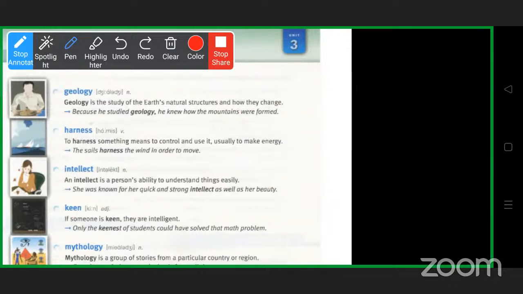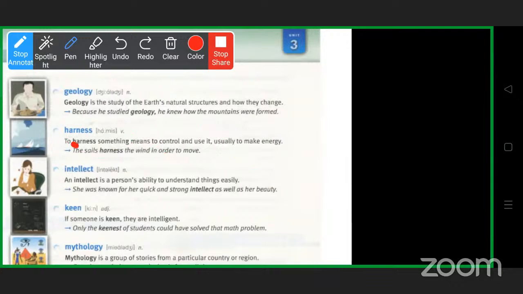Harness. I have heard of harnessing something, which means to control or use it, usually to make energy. So when we harness something, you have to harness the capability of speaking English fluently. He has harnessed the skill of communication. So harness means to control and use it, usually to make energy.